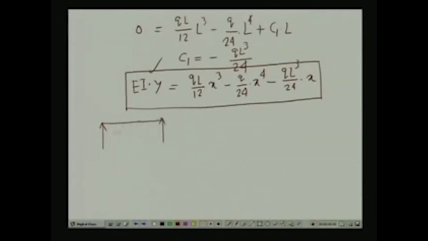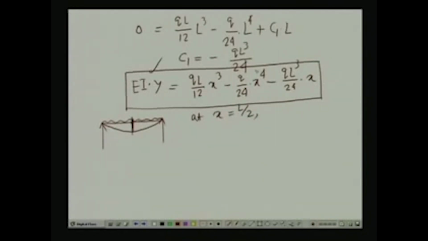Now, since this particular beam is symmetrically loaded with uniformly distributed load, it is expected that we will have the maximum deformation at the center. Now, if we compute the value of the deflection at the center, that means y at x equals L by 2, let us see what we get.